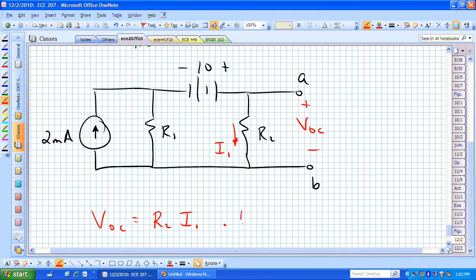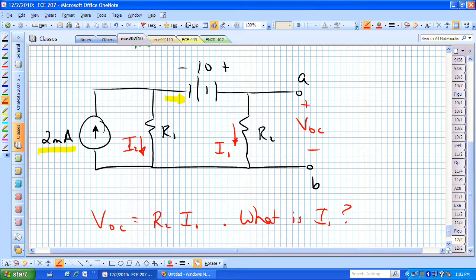But now you're saying, well, what is I1? Well, can we find that in any way? If somebody's wanting I1, I know this voltage, this current. I know this current, so that's the current coming here to the right. If I only knew this current, then I could find I sub 1.